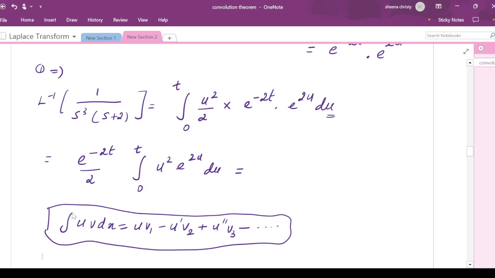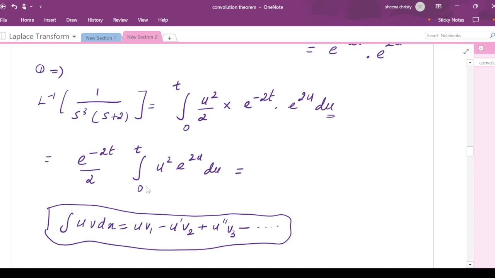That formula states that integral of u v into dx is equal to u into v1, v1 means integral of dv, minus u dash into v2, that is differentiation of u with respect to x, and integration of v1 with respect to x is v2. Likewise, you have to do the differentiation and integration until the term gets terminated.